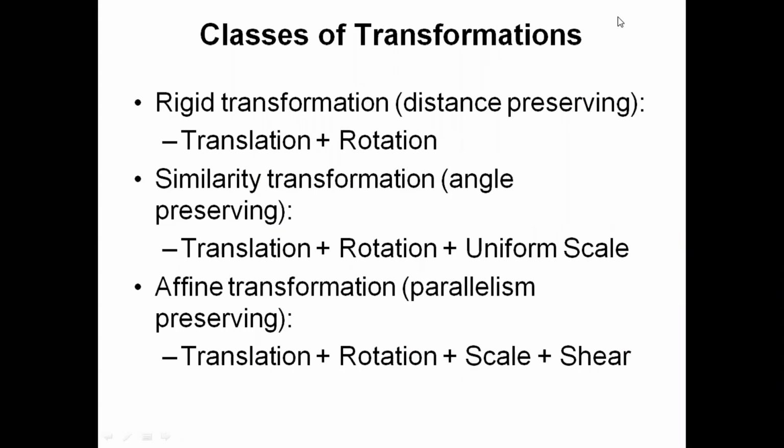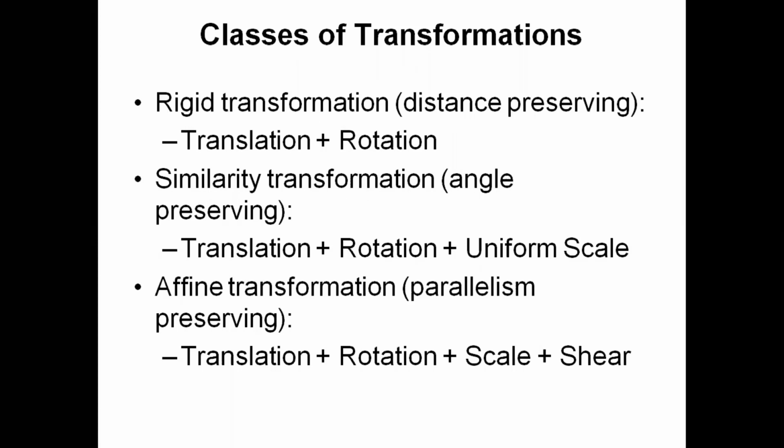For example, when you are doing translation, rotation, and also reflection, the size of the object does not change, and the shape of the object does not change. So this is a rigid transformation, everything will remain the same in this case.